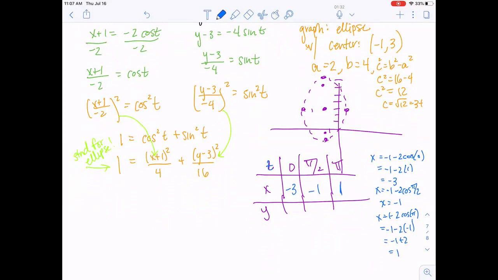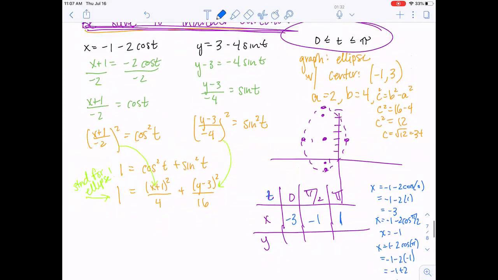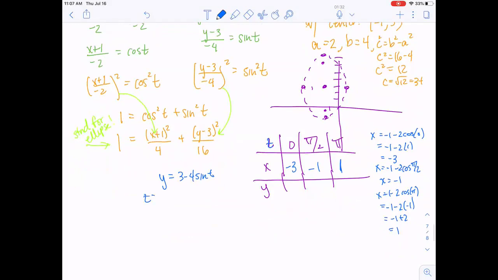Then we do the same thing with our y values, plugging back into what you started with. So y is equal to 3 minus 4 sine t. Plug in t equals 0. So y equals 3 minus 4 times the sine of 0, which is 0, so y equals 3.